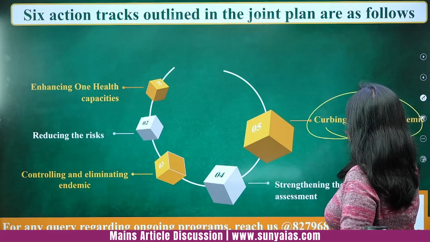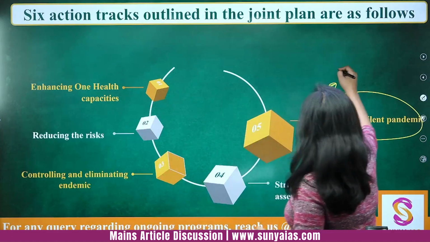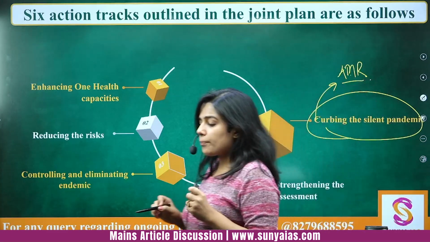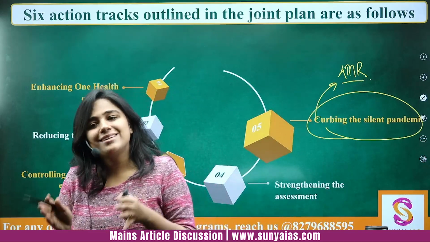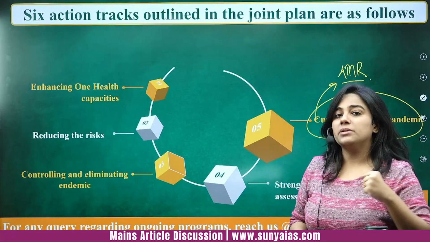Along with this, there is another aspect to this silent pandemic, which is antimicrobial resistance. Now, antimicrobial resistance again is a topic which demands a separate 20 to 30-minute video in itself.